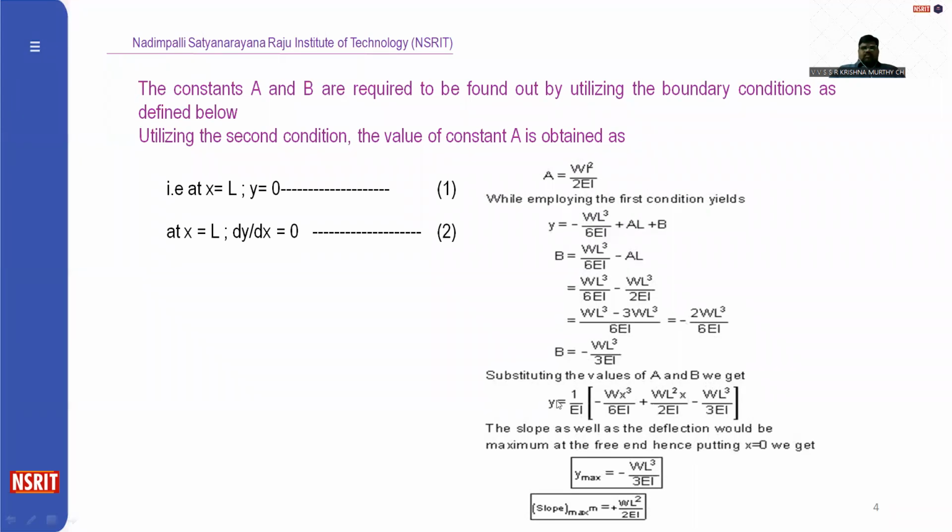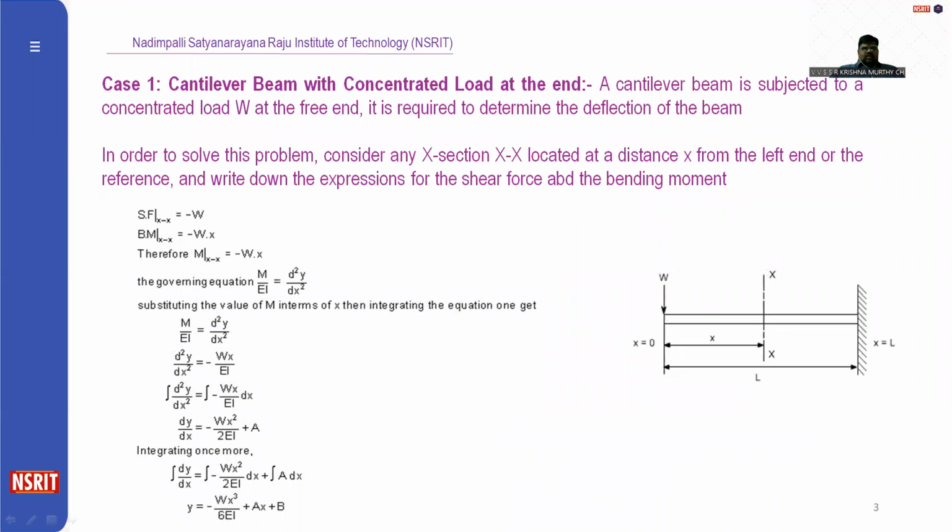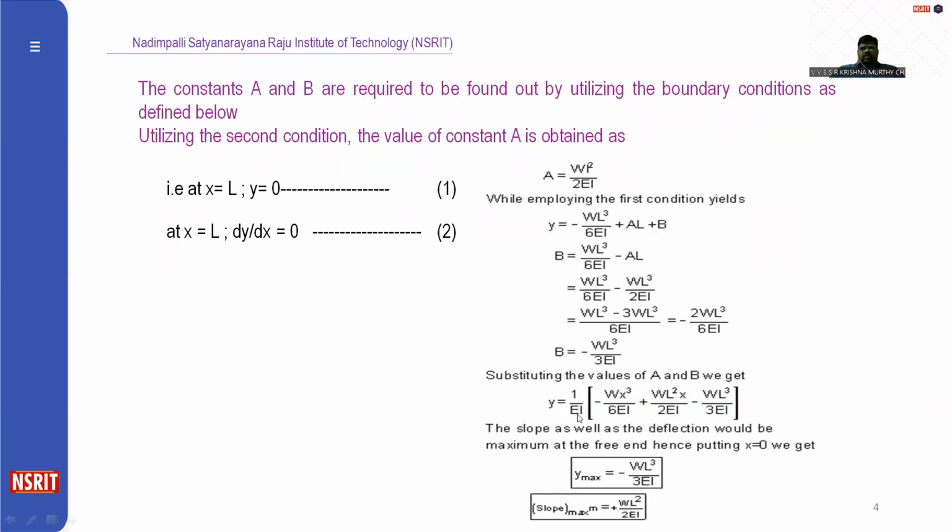By substituting the values of A and B in the second equation, y is equal to minus W X cube by 6EI plus A X plus B. So I get y is equal to 1 by EI times minus W X cube by 6 plus W L square X by 2 minus W L cube by 3.